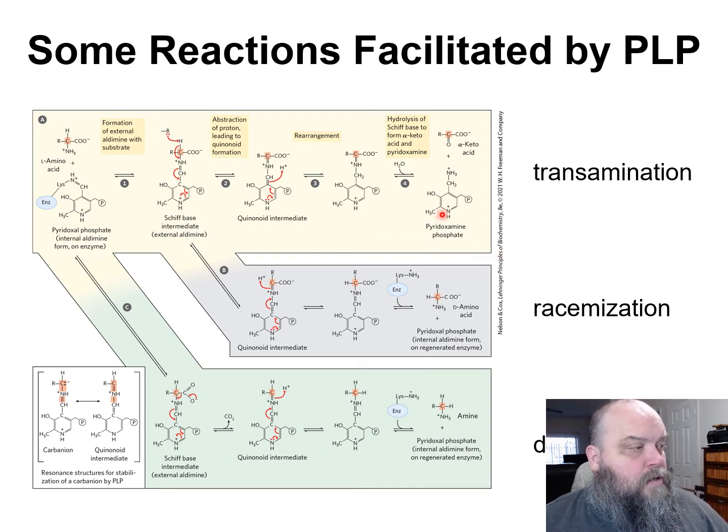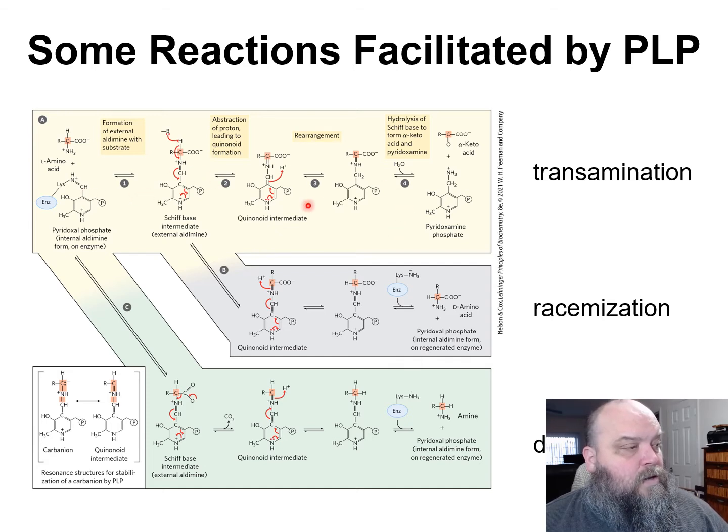And as we look here, we see that the different patterns all seem to have an overarching theme of whatever is being pulled off, it's going to be held by PLP, which is being held in place in the active site of the enzyme so that it can now be plucked off and put on the true target substrate of that enzyme to form the final product.